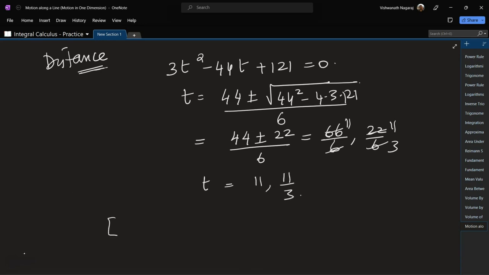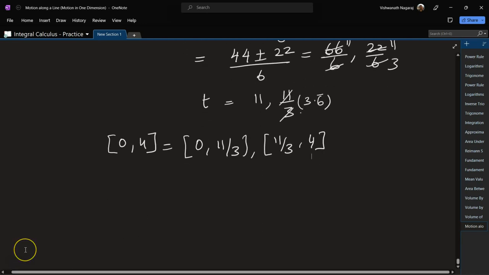But our interval is 0 to 4. 11 divided by 3 gives us 3, 3 3s are 9, 2, 3 6s are 18, again 2, so 3.6666. Now since our interval is 0 to 4, that means we can break it up into 0 to 11 by 3 and 11 by 3 to 4.